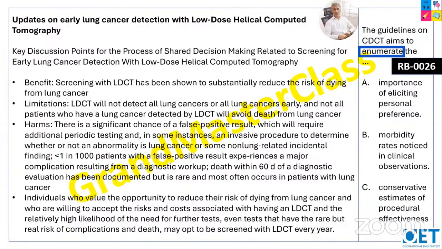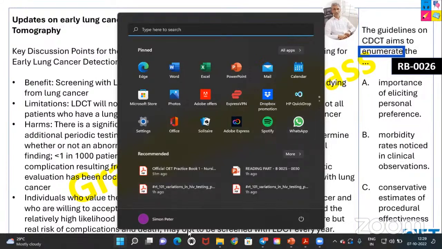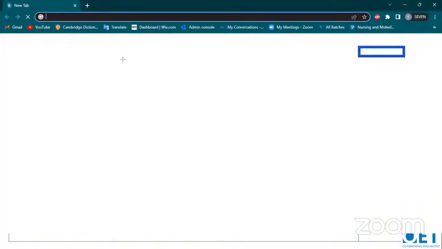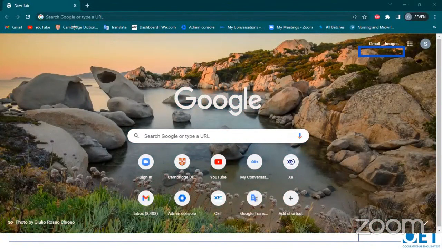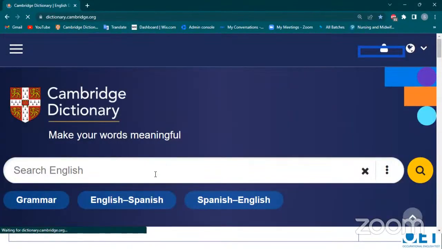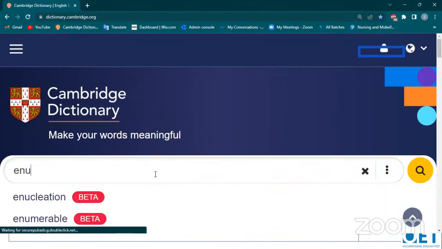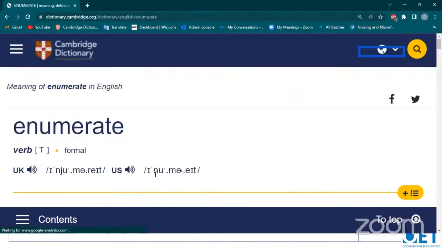Now let us go to Cambridge Dictionary and just check it out. Enumerate. There are many meanings for this one, but enumerate means what?